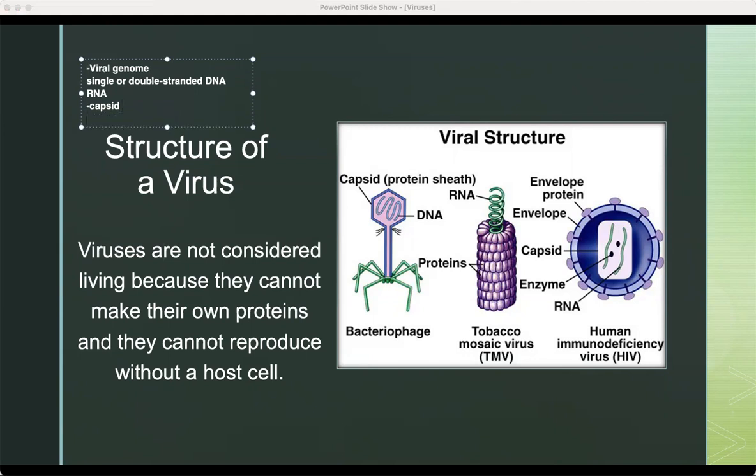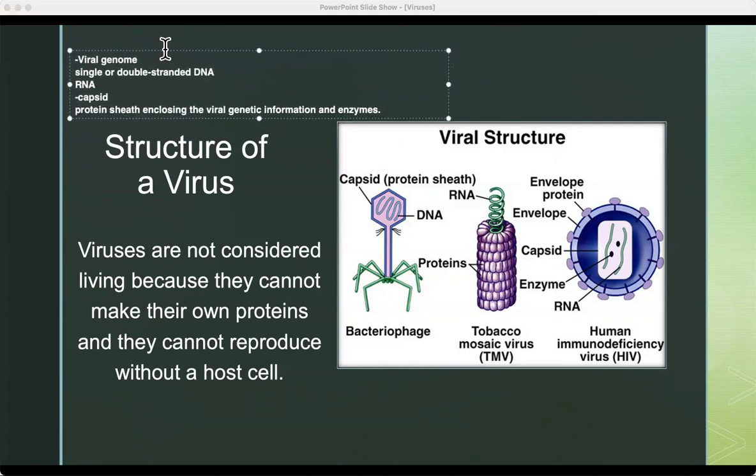So we will say it is the protein sheath enclosing the viral genetic information and enzymes. Now, not all viruses have a huge number of enzymes. Only a few viruses carry their own enzymes. So we have the viral genome, the capsid.